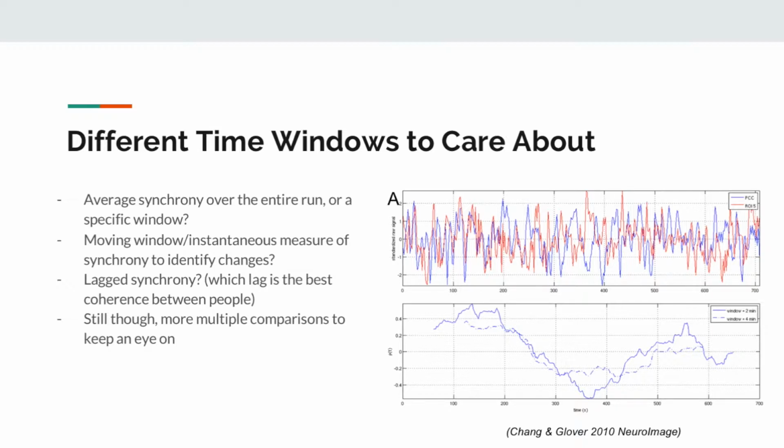You can also get more instantaneous measures of synchrony this way with other math that's not just Pearson's correlations. You can ask questions about lagged synchrony, such as if you took 2 data traces and shifted them in time, which lag amount is going to make the best coherence between people. But still, since we're looking at many windows of time and many lag shifts, this is going to be another instance where you have to keep an eye on your multiple comparisons.